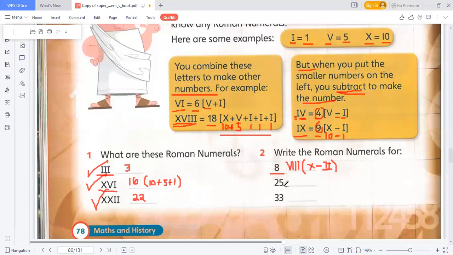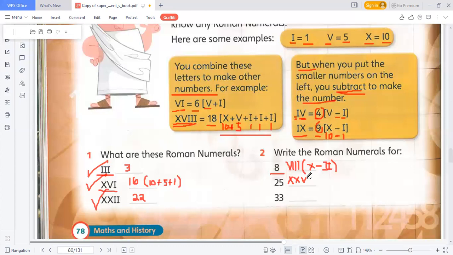Since it's bigger now, right? 25. You mean just say double X? Is that right? This one? Yes, double X. Oh, good job.